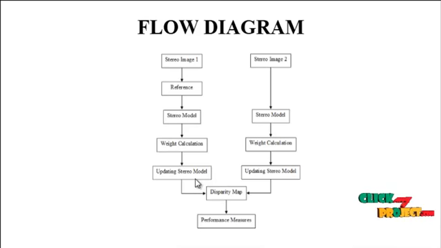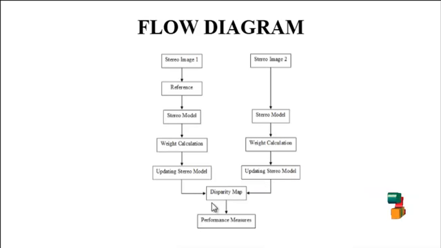By regenerating this stereo model, the elimination of the background will be done, hence the region of interest is extracted. Then the dispersity map is generated by the combination of the updated stereo model for the first image and the updated stereo model for the second image.